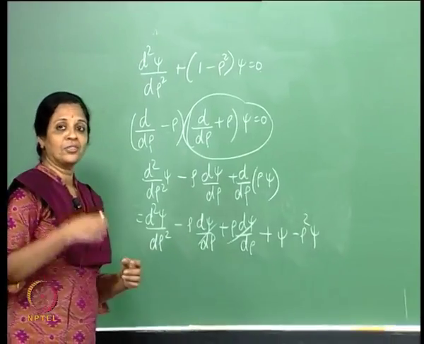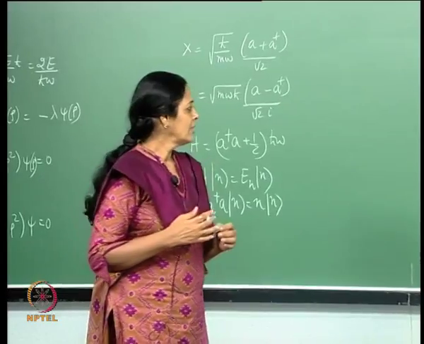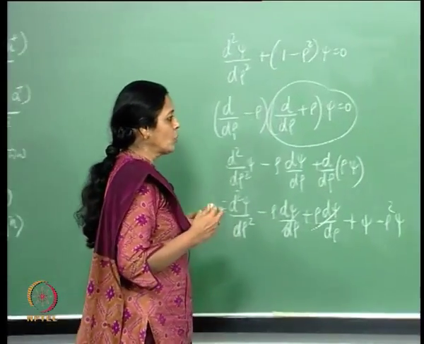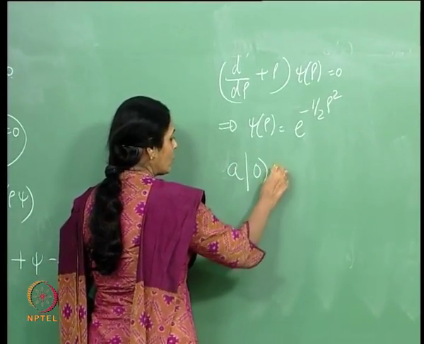But I know from whatever I have learned using the abstract operator method that there is a Gaussian solution for the equation A on ket 0 is 0.